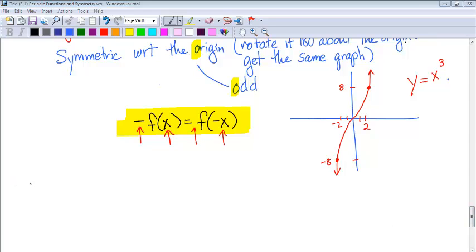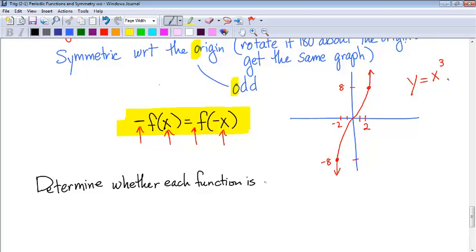Okay, the author is going to have you do some of these. And the directions will just say determine whether each function is even, odd, or neither. Okay, an example.